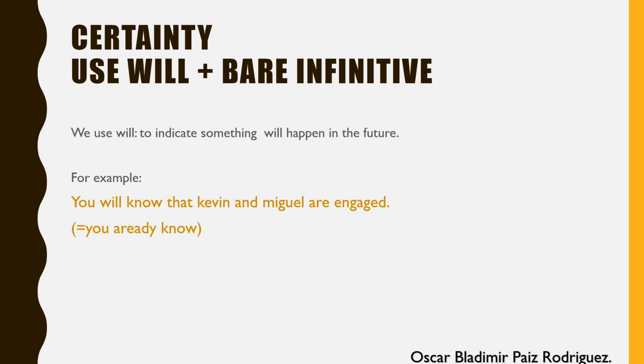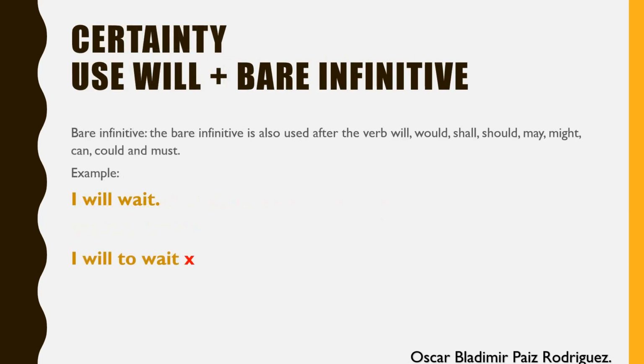Well, we have the base infinitive. The base infinitive is also used after the verbs will, shall, should, may, might, can, could, and must. The base form of a verb is the same as the infinitive form, only without the word to.